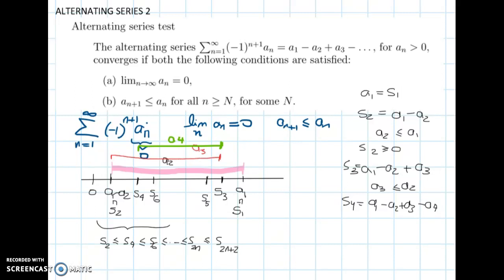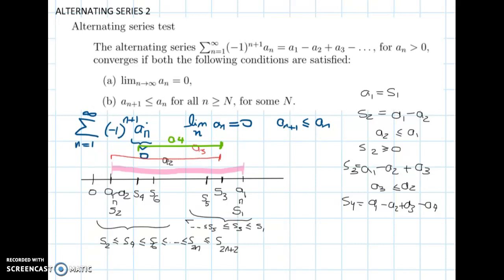If we look at the odd terms, they're over here, we are going to see, well, we had first S1, and then S3 was less or equal than it, and even less or equal S5. And if we keep going like this, we'll see that an arbitrary odd term is going to be decreasing with respect to the previous one.